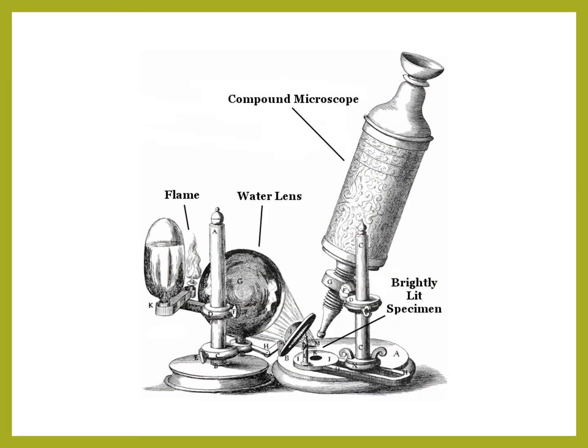If you see the different parts, for light he used a flame, and to focus the light he used a water lens, and then his specimen was kept over here and he used this place to see the magnified specimen.